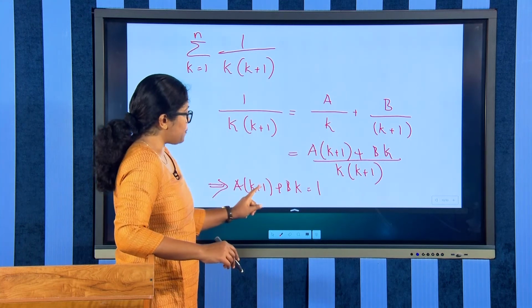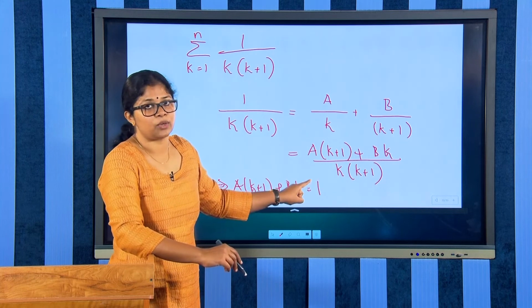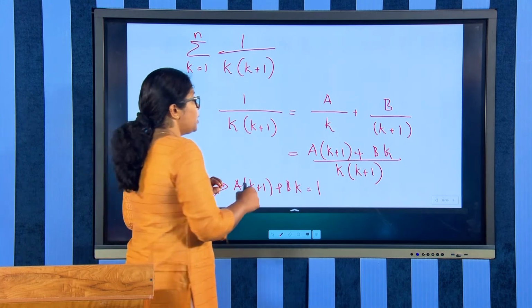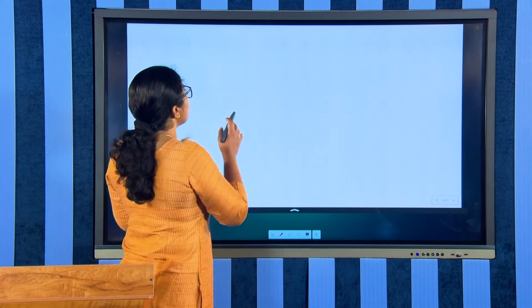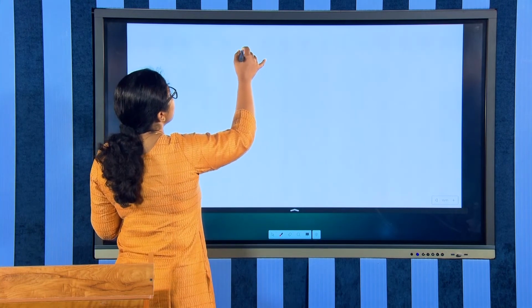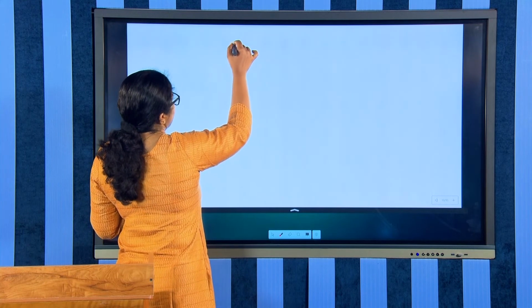So a into k plus 1 plus bk is exactly equal to 1. There are many techniques for finding what a and b are, and solving you will be getting a as 1 and b as minus 1 in this case.